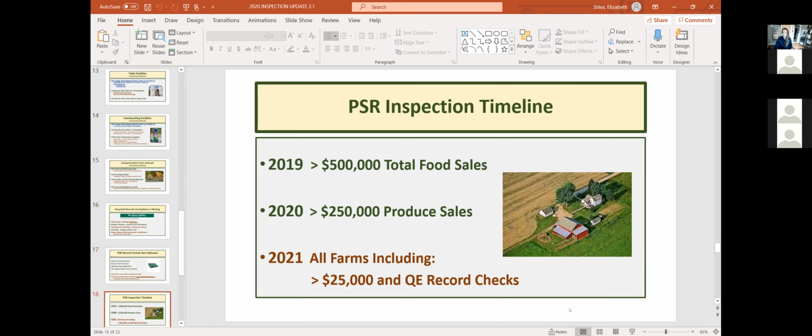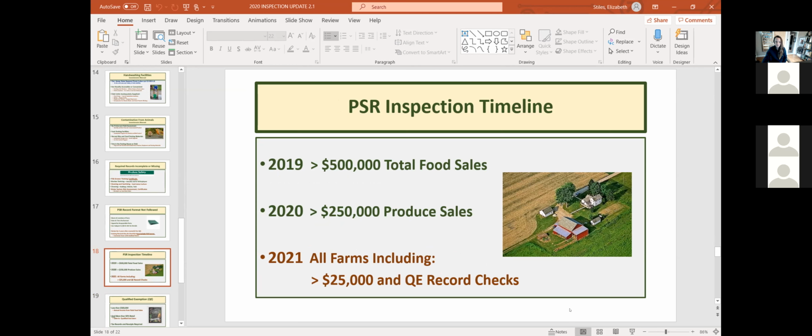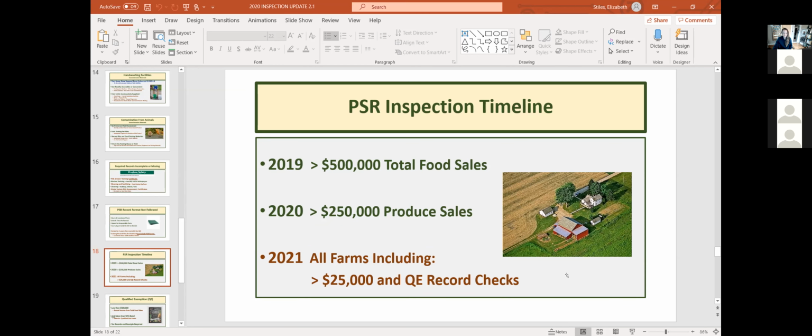Okay, our inspection timeline started in 2019. For the farms, it's based on income, a 3-year average adjusted for inflation. So we're up to 2021. So now we're looking at all farms, including any farm that has over $25,000 of produce sales.